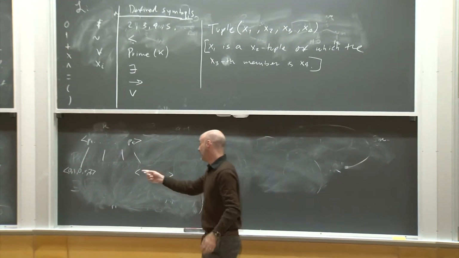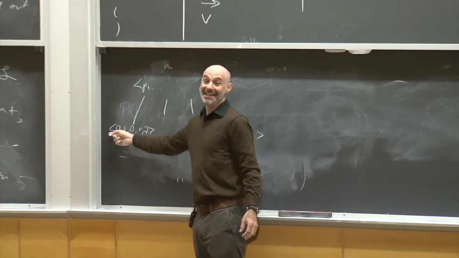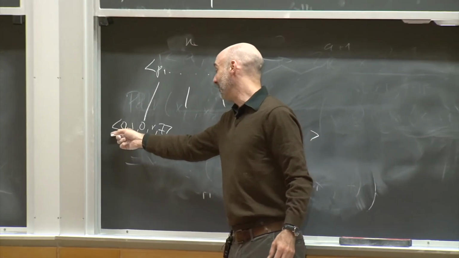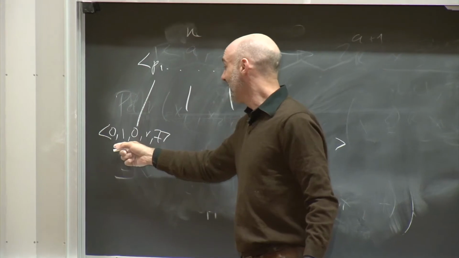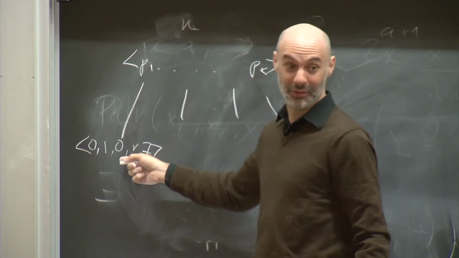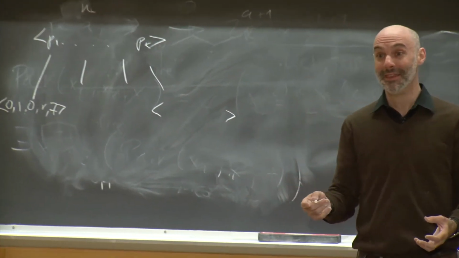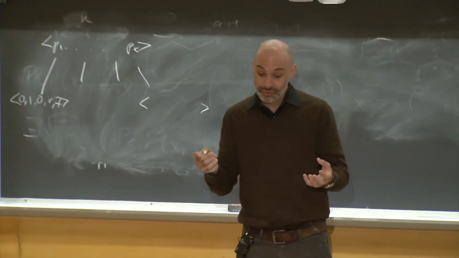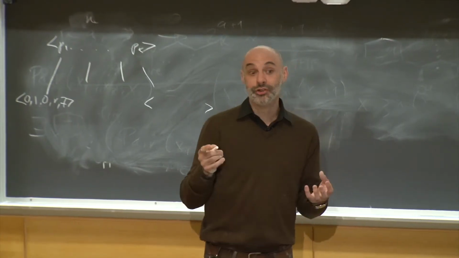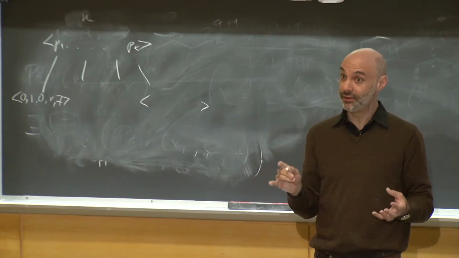So you check that each of these is a 5 tuple, of which the first element is, well, that one can be anything you want. These two need to be either 0 or 1. That one needs to be 1, 2, or 3. That can be anything you want, and so forth. OK, so now we can use natural numbers to code Turing programs. Are people happy with the general idea about that?